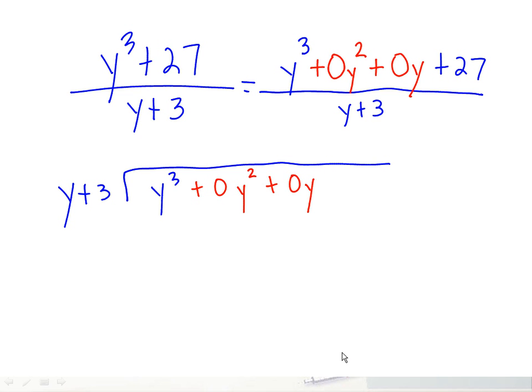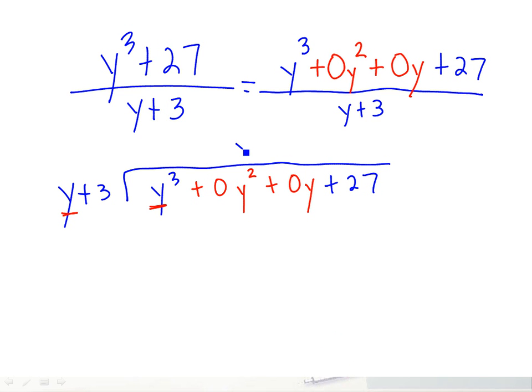Plus 27. Okay, let's start. Again, we start like we normally do. y times what is y cubed? Okay, it is y squared.